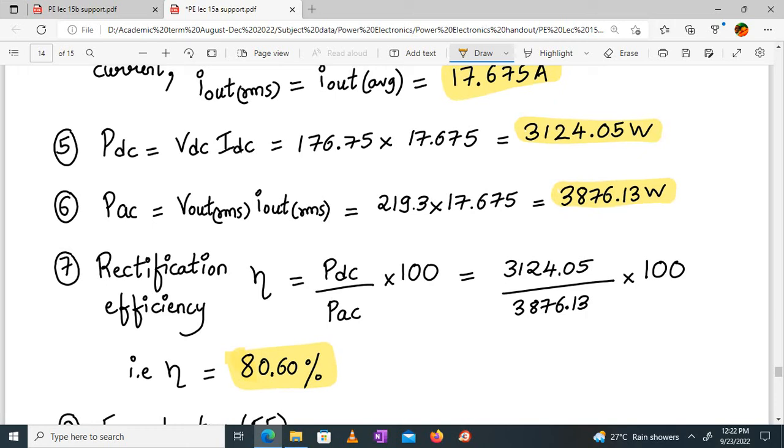So is the rectification efficiency coming 80%? 80.6 nearby? Yes, no? Yeah, 80.59 is same as 80.6.